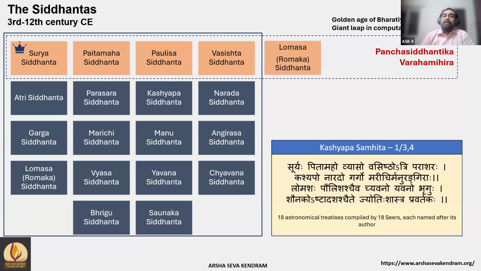So this Lomasa, or what is called Romaka Siddhanta, incidentally, as you can guess by its name, was actually adapted from the Hellenistic or Greek influence as well, right? So this showed that our borders were literally not closed.